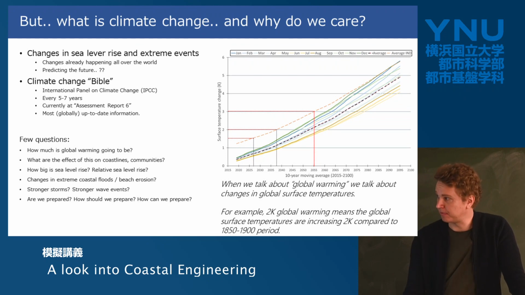And here are also some of the few questions that we're very interested in. And a lot of it comes down to sort of predicting the Earth system, how well we can predict it and how well we can sort of study and prepare, plan for the future itself.